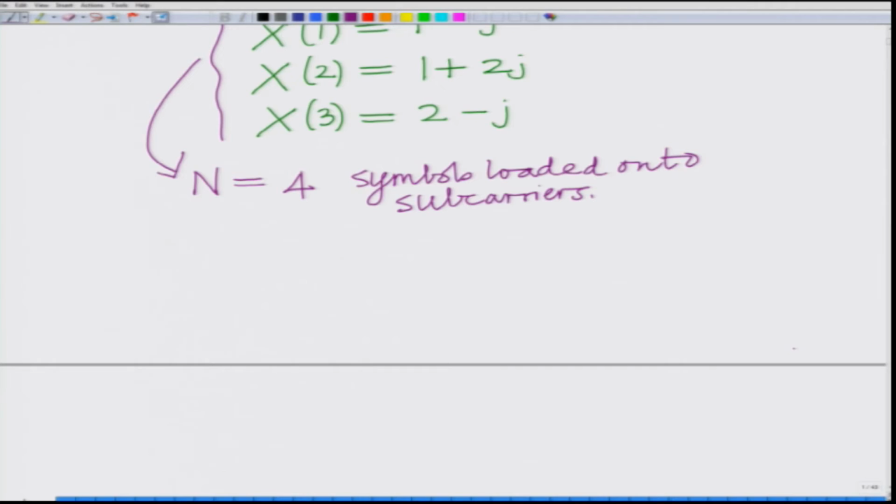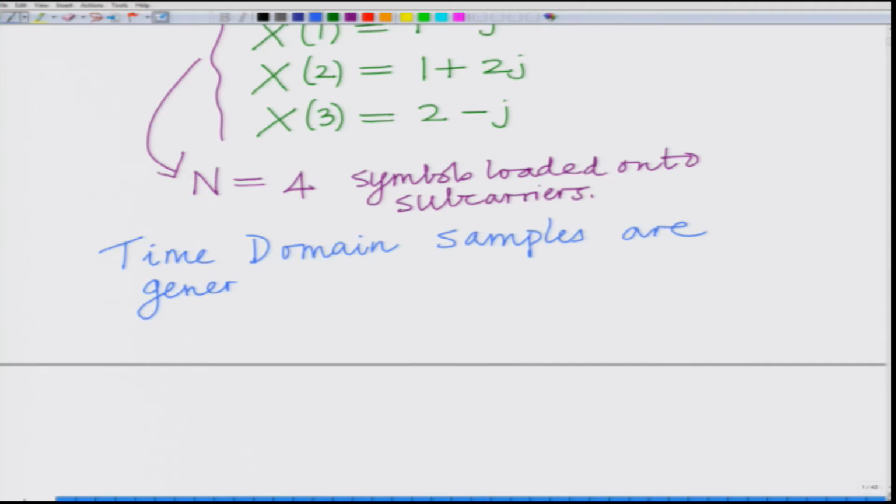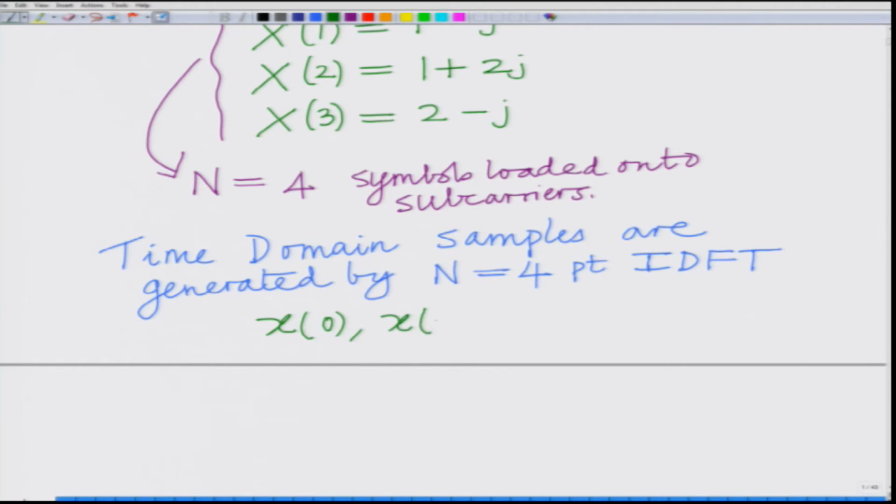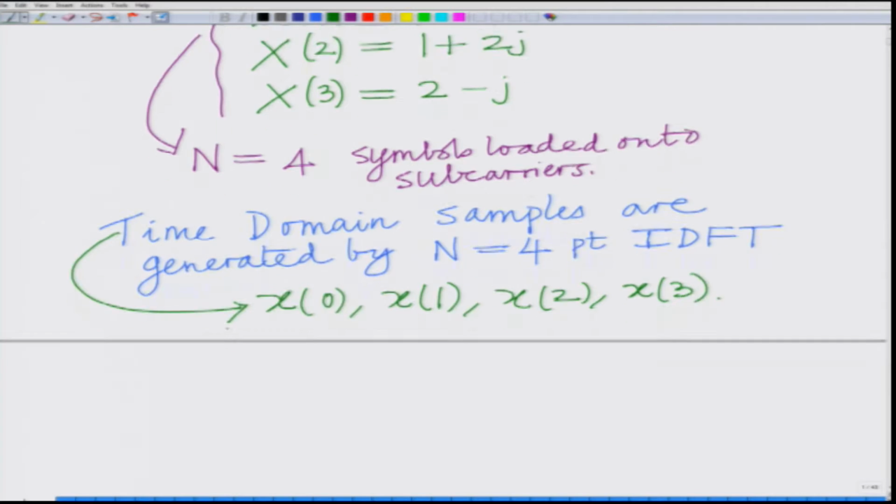The time domain samples are generated by the N equal to 4 point IDFT, that is, these samples are denoted by small x0, x1, x2, x3, and these are your time domain samples generated by the 4 point IFFT.